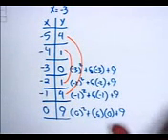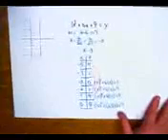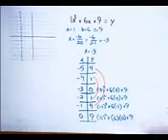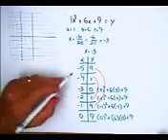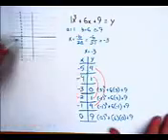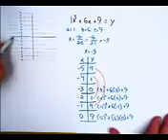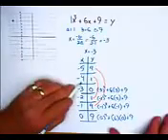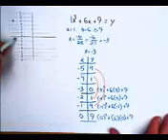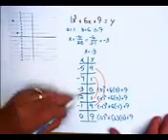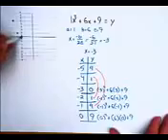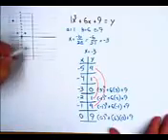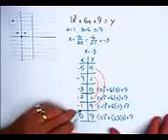Now that I've got some points, let's see if I can graph these and see what it looks like. Negative 5, 4. Negative 4, 1. Negative 3, 0. Negative 2, 1. Something's wrong here.